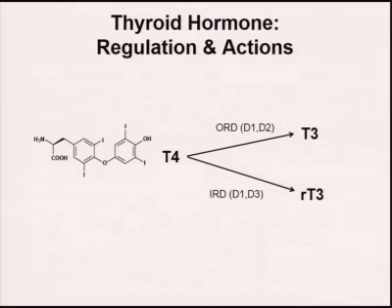And every time I give a talk, I have to figure out which is the outer and the inner ring, but this is the outer and this is the inner ring. There are other metabolites as well, T2, reverse T2, for example. But what's known is that T4 is active and T3 to a greater extent is an active form of thyroid hormone.